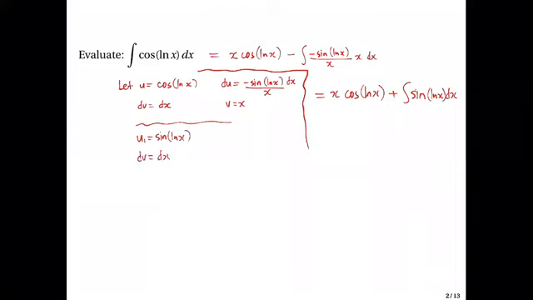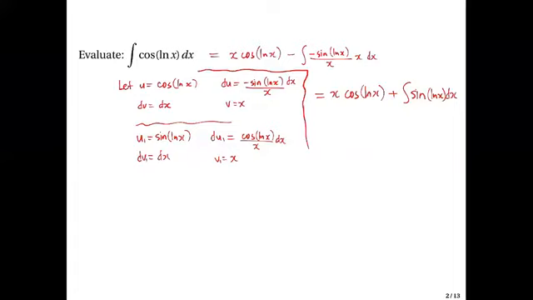So we will have du sub 1 equal to cosine of ln of x, again over x by chain rule, dx, and then v equals x. So we use dv1 and then v1. Yes? Any questions?